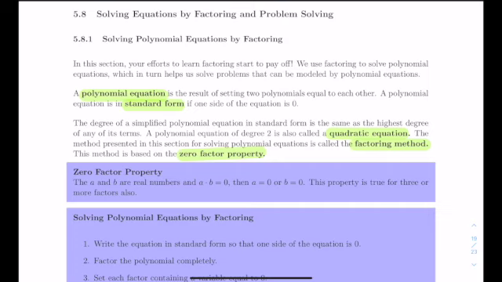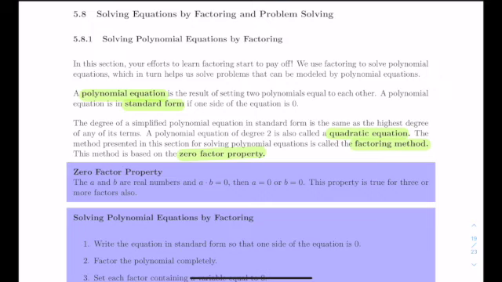The zero factor property states that if a and b are real numbers and a times b is equal to 0, then a equals 0 or b equals 0. In math, we use an inclusive or. So when we say or, it could be a equals 0 or b equals 0 or both.